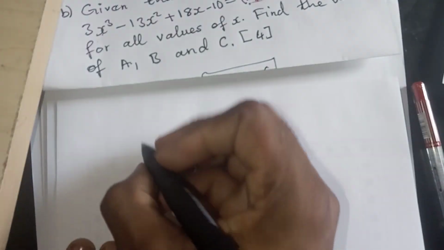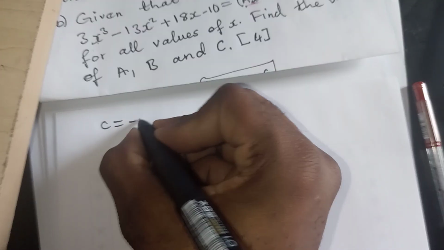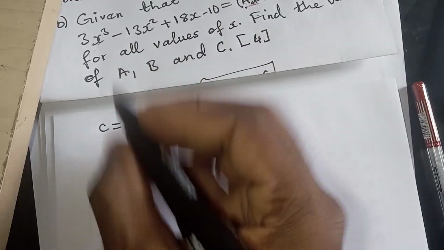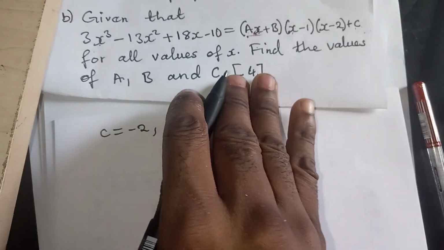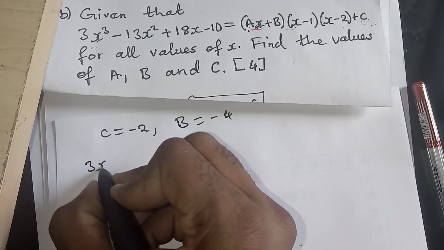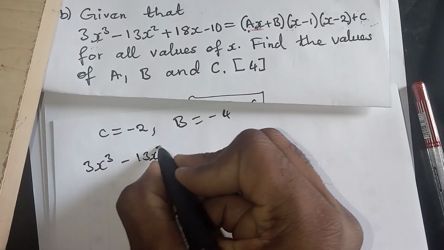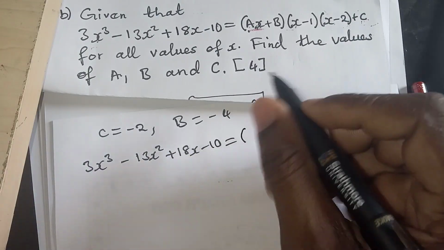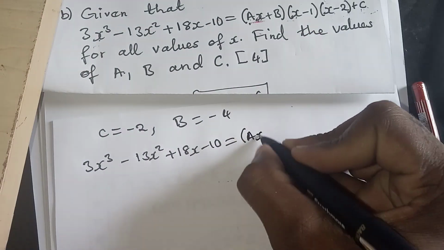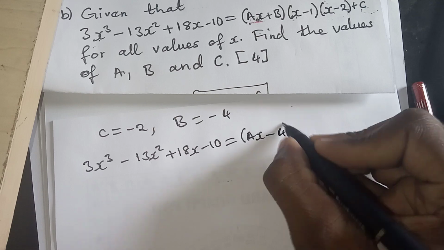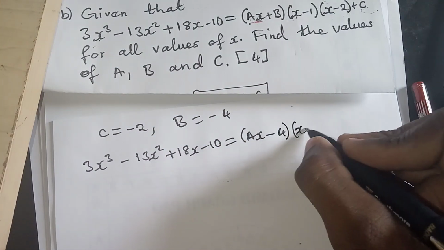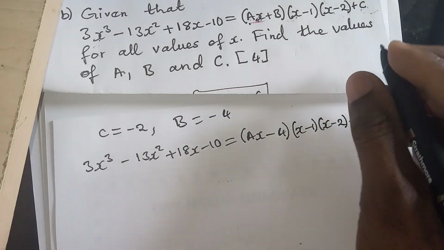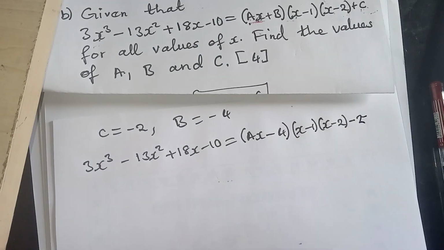So now to solve for a, which is the last variable, you already know that your c is negative 2 and then your b is negative 4. So you can just rewrite this thing as, instead of writing a b there, you can just put the value of b, which is the negative 4, then x minus 1, then x minus 2, and then instead of having a c there, you can have a minus 2.